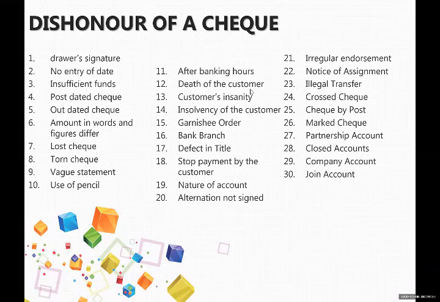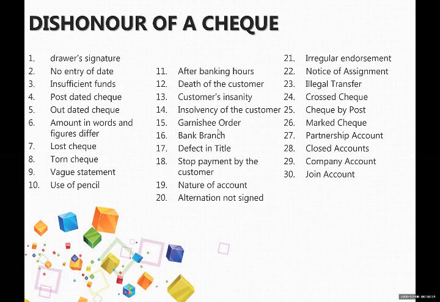Death of the customer, the bank will refuse to make the payment. Customer's insanity: when the bank comes to know from a reliable source that the customer is of unsound mind, the bank will not make the payment. Insolvency of the customer: if the bank gets any notice from the court or from any reliable institution that the customer has been declared insolvent by the court, the bank will refuse to make the payment. 15, garnishee order.